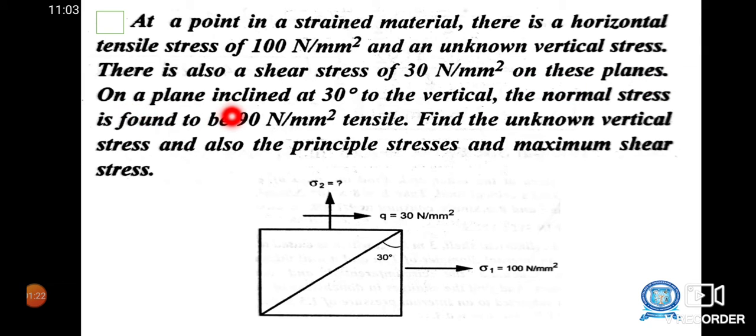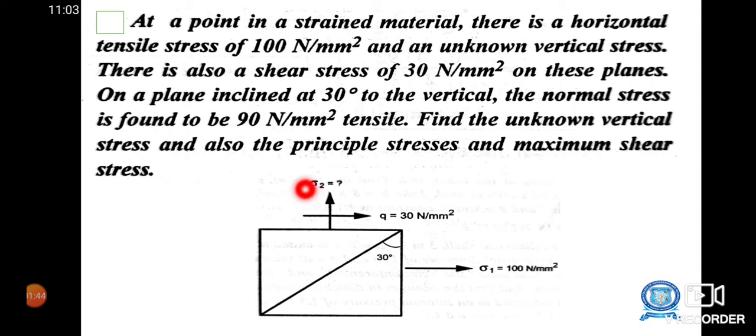On a plane inclined at 30 degrees to the vertical, the normal stress is found to be 90 Newton per millimeter square tensile. Find the unknown vertical stress and also the principal stresses and maximum shear stress.